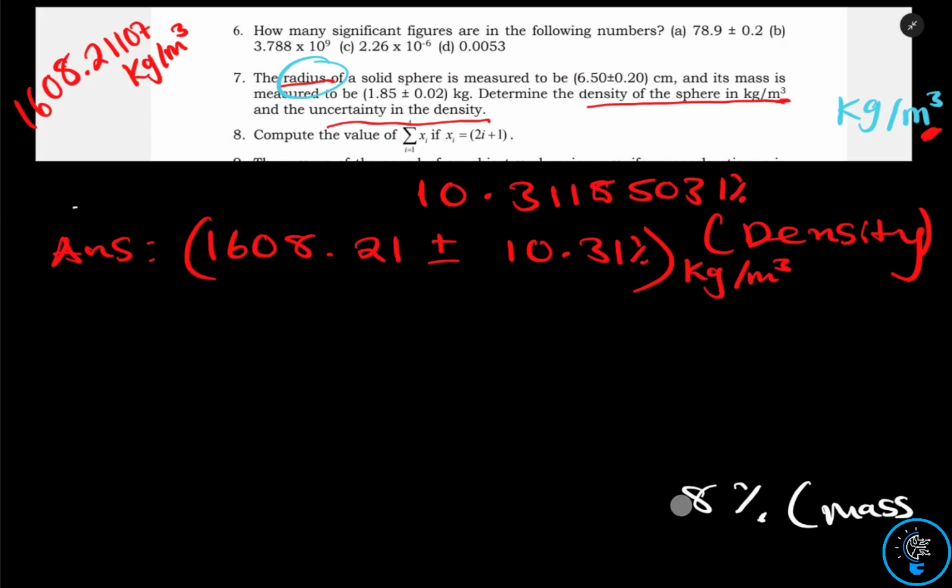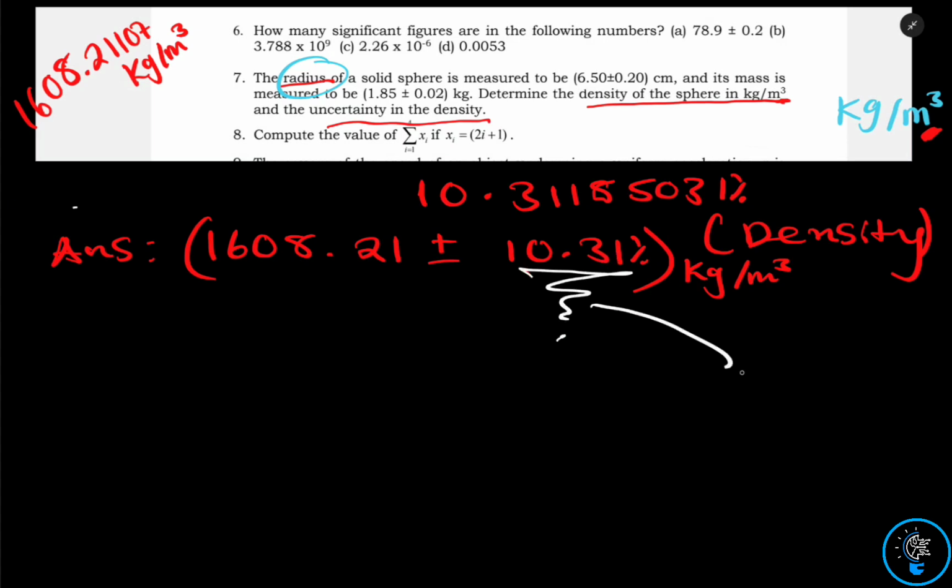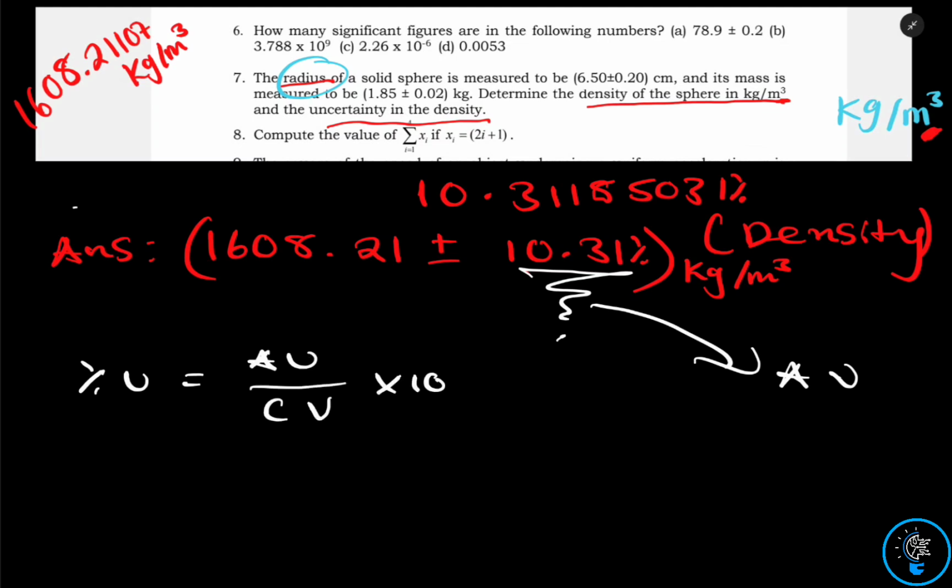But we are not yet done because some lecturers prefer writing the uncertainty part as absolute uncertainty. So you might be taught to write it as a decimal number. To write it as a decimal number or absolute uncertainty, you need to convert it back. So we know that percentage uncertainty is equal to absolute uncertainty divided by the central value multiplied by 100. Take note of that. So if you are given percentage uncertainty as 10.31%, the absolute value is what we're interested in.